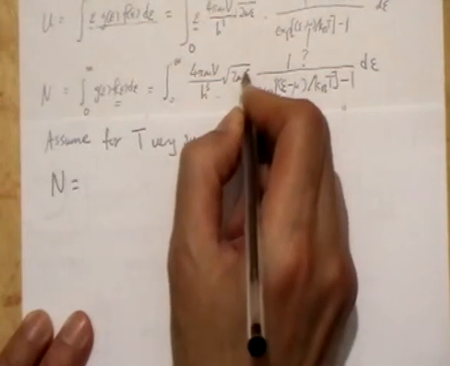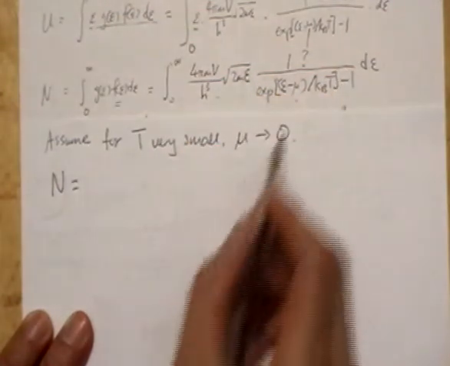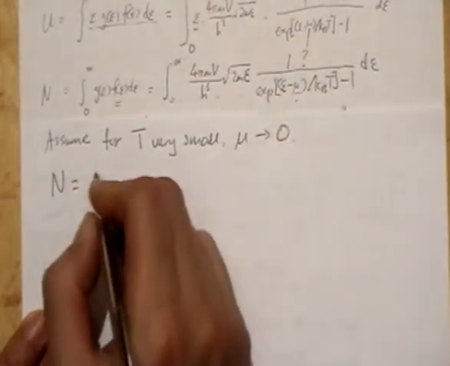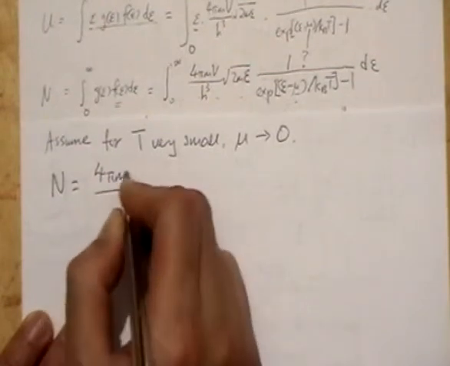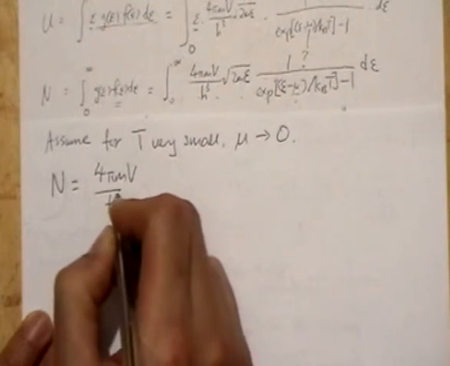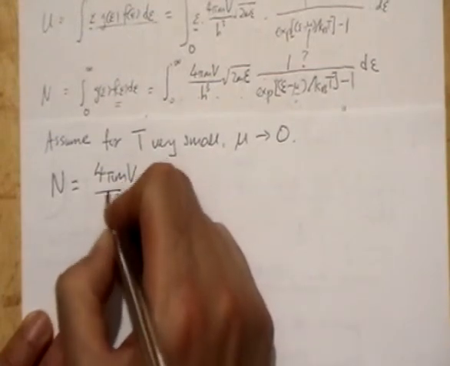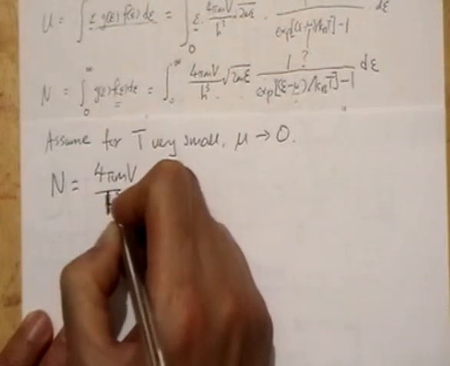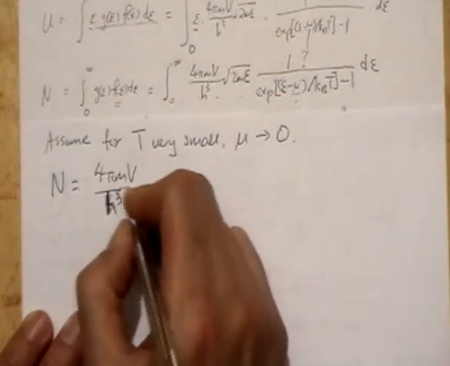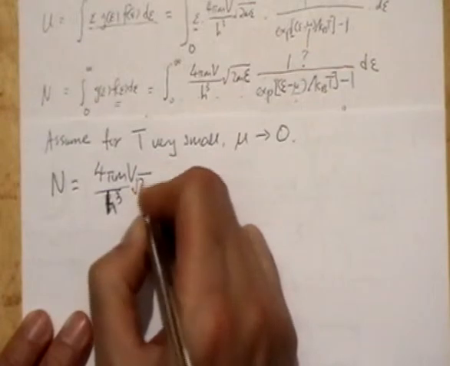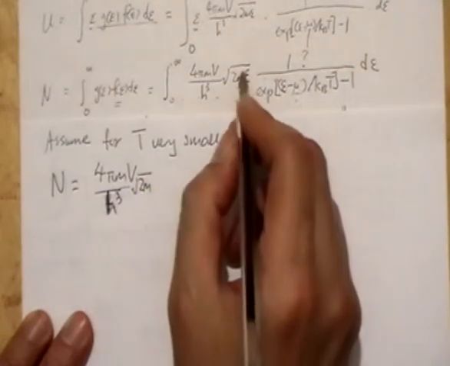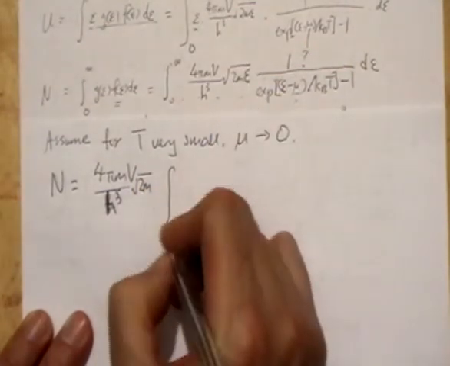Oh right, that's an energy E there, and that would be set to 0. So let me take the constants out of the integral. Now there's no bar there, it's just h cubed. The square root of 2m, but I'll keep the square root of E inside.